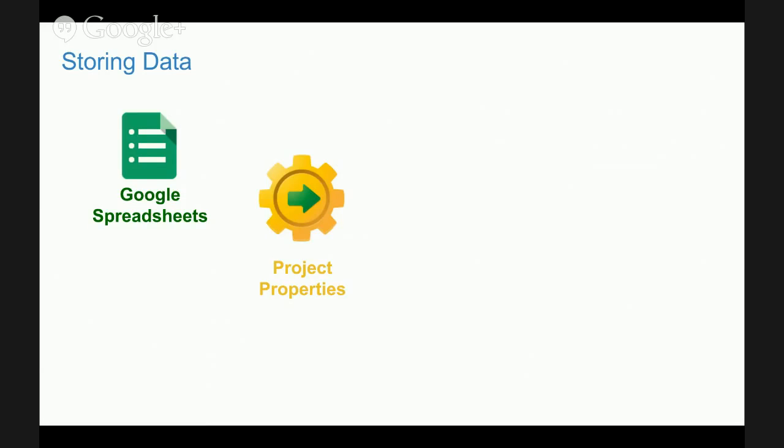So it's really not for large amounts of data. It's for data that you need quickly and you want to transfer with your script. So maybe you put some dimensions for your user interfaces and things like that, but it's not really for large amounts of data.